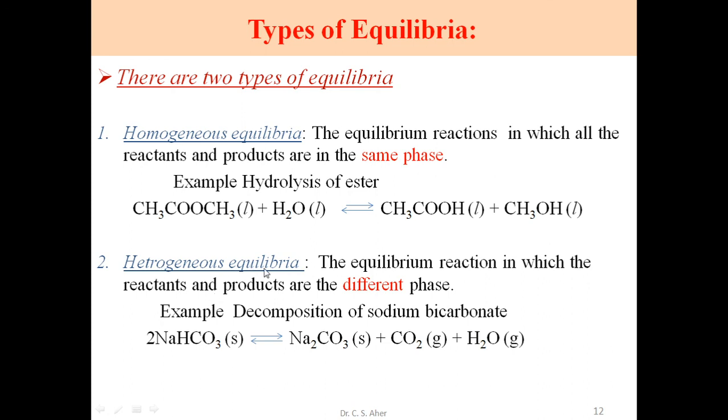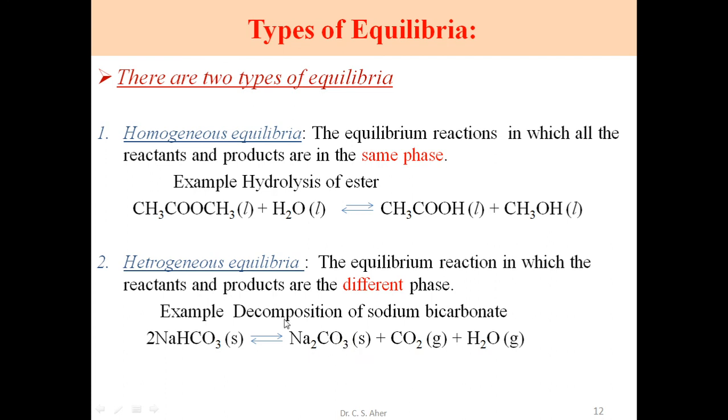For heterogeneous equilibria, see this example: decomposition of sodium bicarbonate, NaHCO3. When it is decomposed, it gives sodium carbonate plus carbon dioxide plus water. The sodium bicarbonate is present in solid form. It undergoes decomposition and is converted into sodium carbonate, again in solid form.